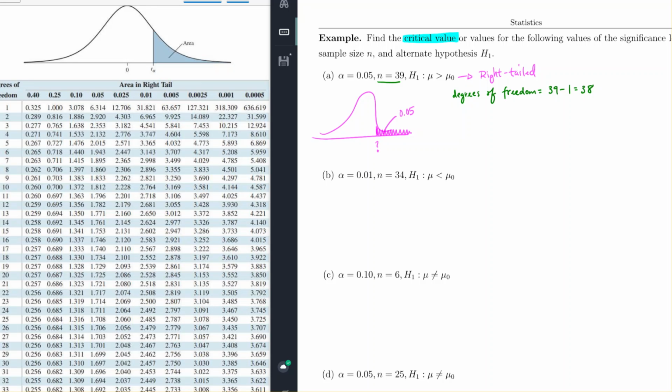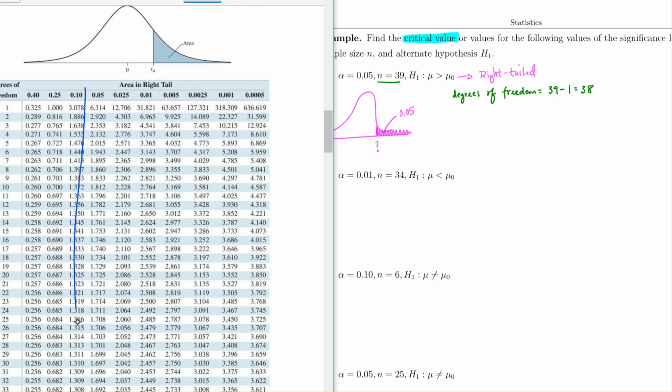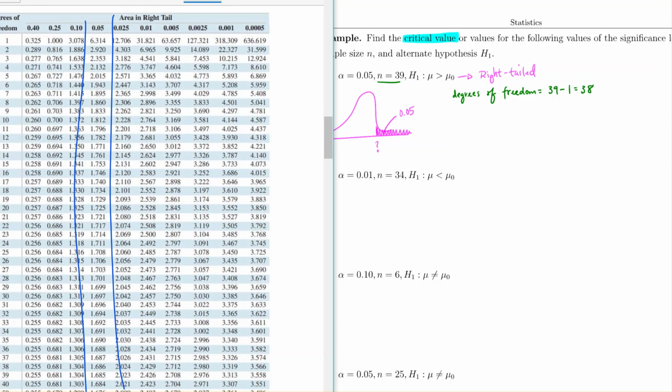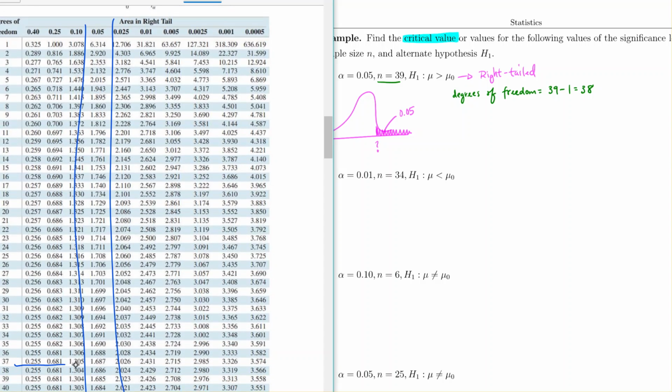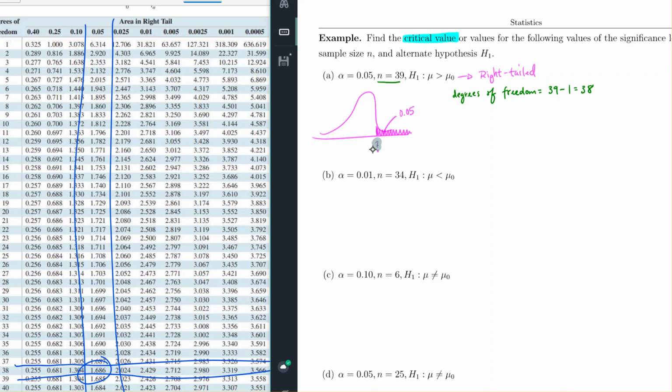I'm going to look for the area right of the tail to be 0.05. That's this column. Specifically for 38 degrees of freedom, that is the value 1.686, so that is my critical value here. T alpha equals 1.686.